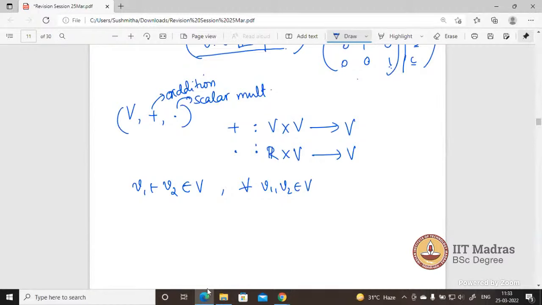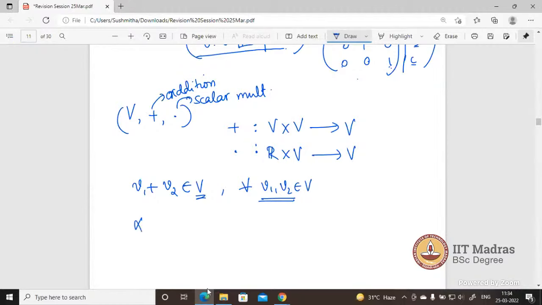It's closed in the sense that when you take two vectors in the space and do this operation, the output is also going to be in the same space. So everything lies within the same space. Fine? Yes. That is what we mean by closed under addition.